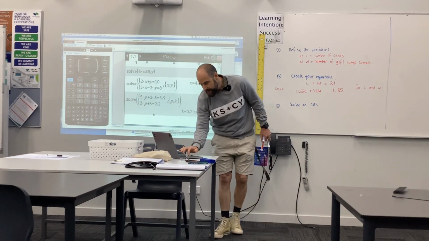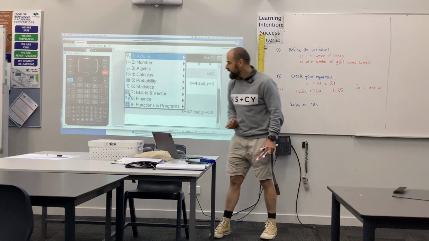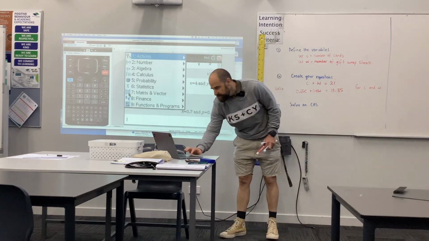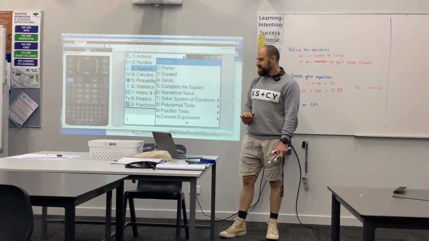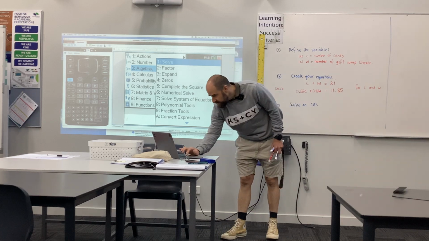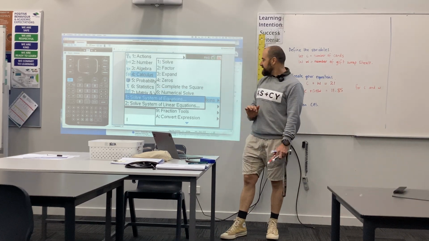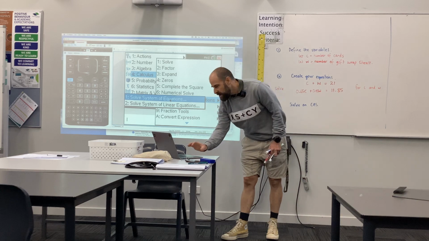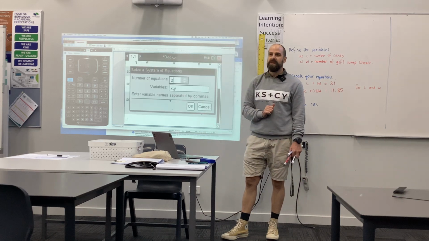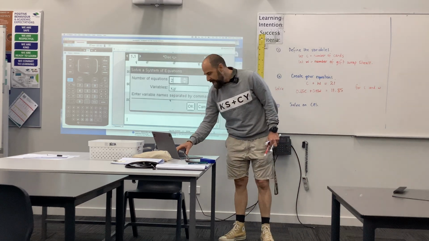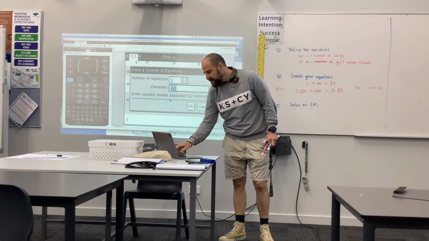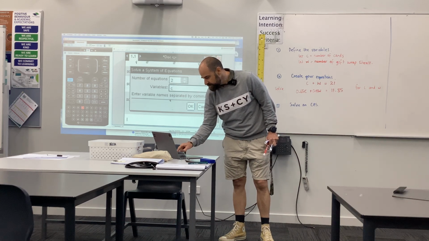Menu. What comes next? Solve system of equations. Is it that one or the linear one? I always just use the top one. How many equations do we have? Two. What are our variables? C and W.